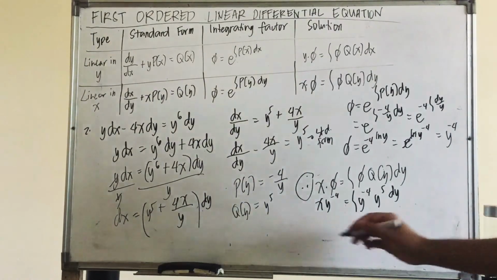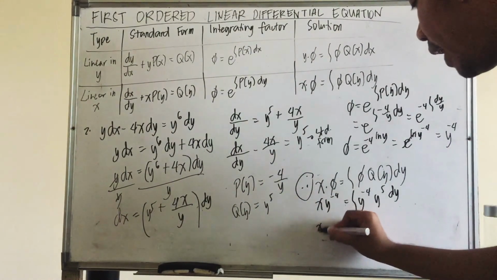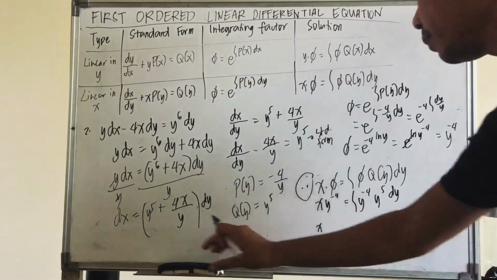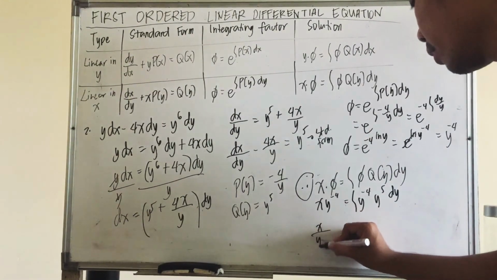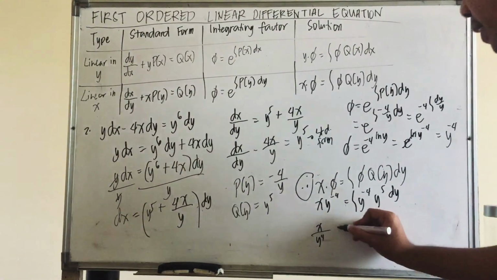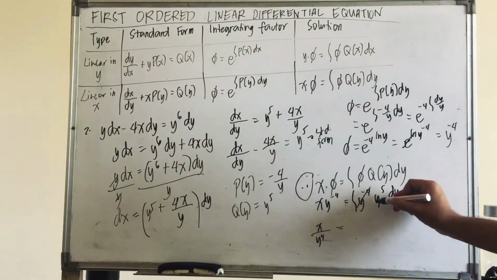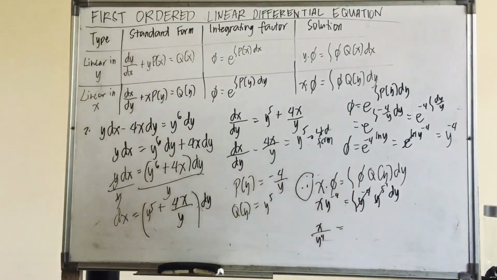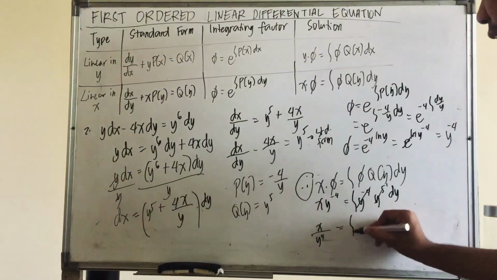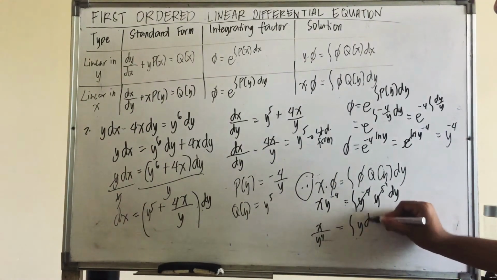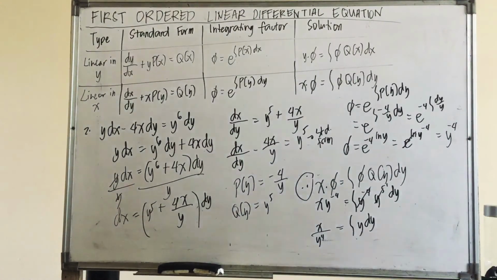So simplify, we have x over y raised to 4 equals, cancel out y raised to negative 4 and y raised to 4, so we have the integral of y dy.